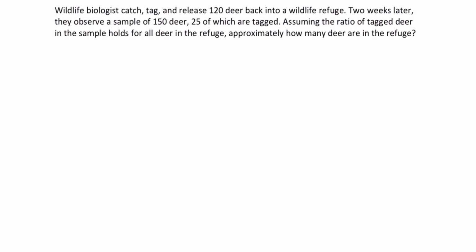Start by setting up a ratio. The first, we have 120 deer that have been tagged. We don't know the total amount of deer, so we'll give it a variable.